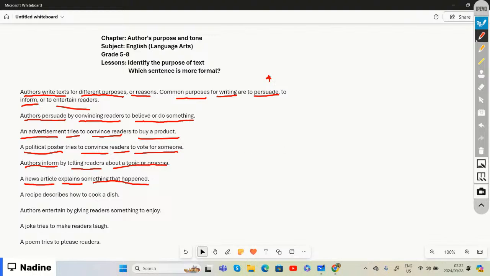We also have recipes. Remember, you get different types of authors. You get authors who maybe just write news articles.